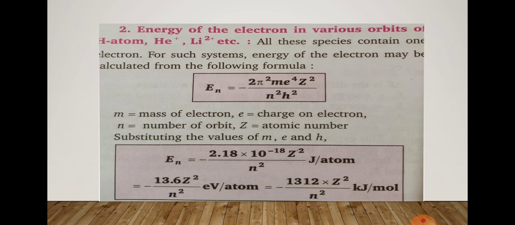These values are already fixed. So when we substitute these values in this formula, finally we get En is equal to minus 1312 into Z² by n², which means only the atomic number and the number of the orbit are required to calculate the energy of any electron.